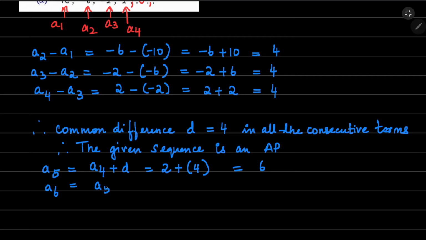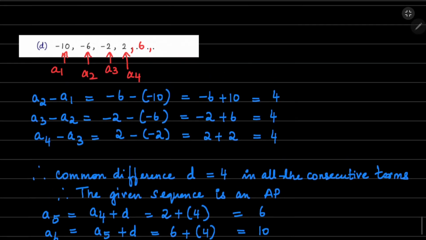A6 will be A5, fifth term plus common difference. What is your fifth term? It is 6 plus D, that is 4, which is equal to 10. Okay, and A7 will be equal to the sixth term plus D. A6 is nothing but 10 plus D is nothing but 4, which is equal to 14. So the next 3 terms are 6, 10 and 14, and that's your answer.